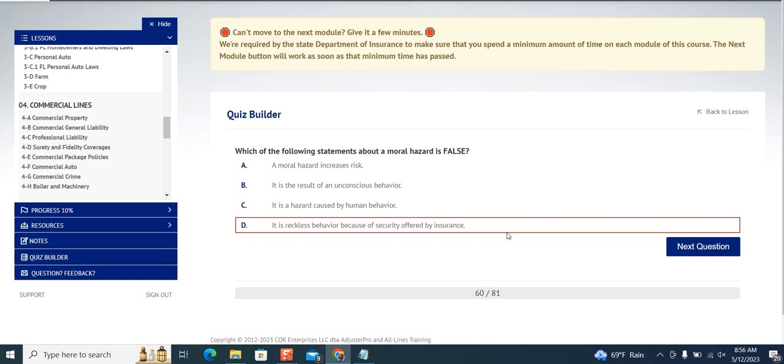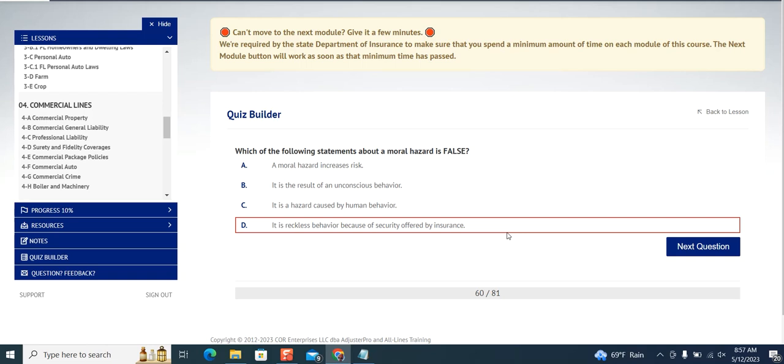Oh my God, I see what I did wrong, man. Freaking read the question wrong. D is true, but they want to know which one is false. So D is true, but they're asking which one is false. So okay, which one is false? It is a hazard caused by human behavior.